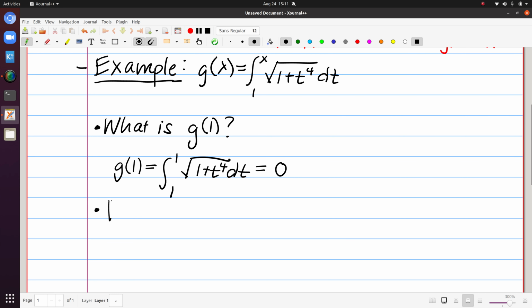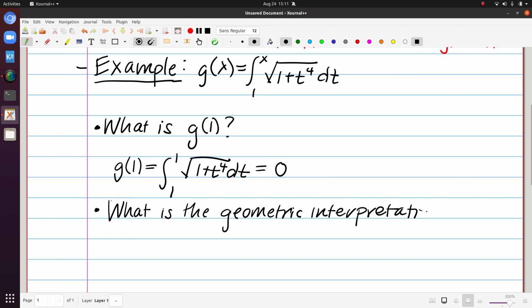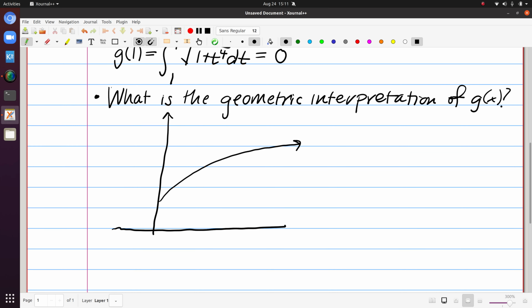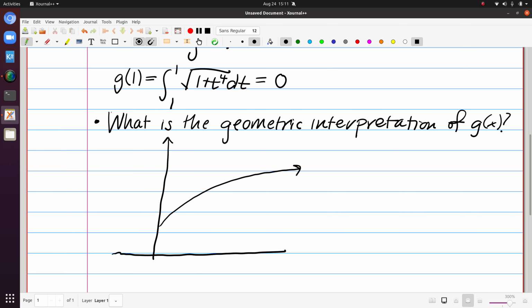So we're not going to focus on that, but the question is, what is the geometric interpretation of this function g of x? So g of x is going to look something like the following. Importantly, this is the graph of f of t, so the square root of 1 plus t to the fourth.